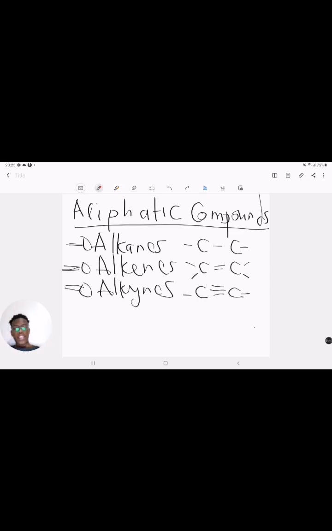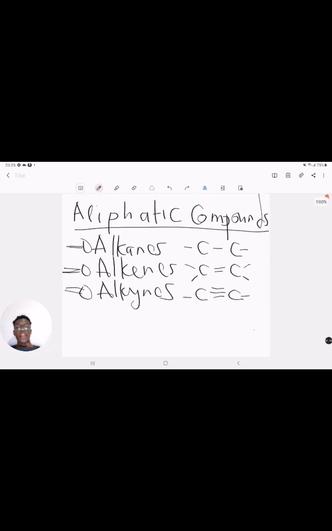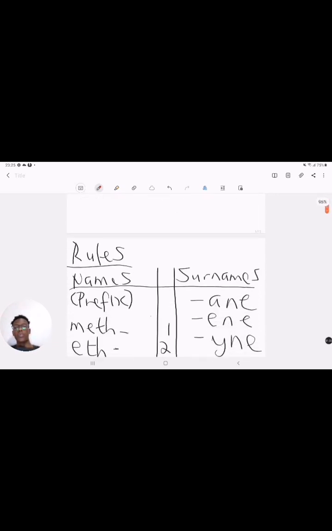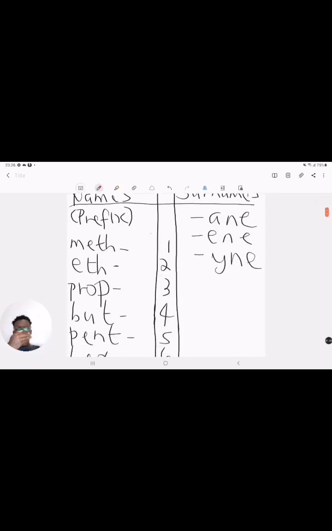We looked at aliphatic compounds, structural isomers, and functional groups, and we studied these three groups as our simplest functional groups. We explained what functional groups are in the previous video, described how they differ, and went into a bit more detail with a couple of examples.